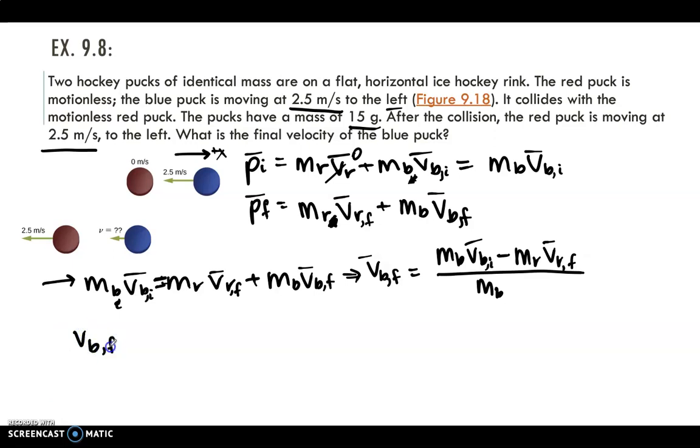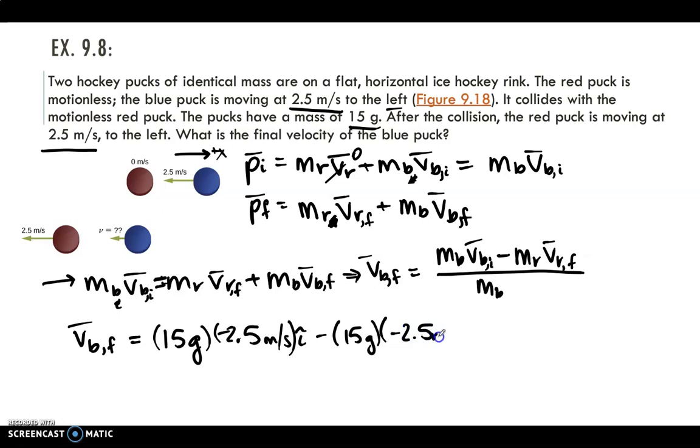So we have VB, comma F, equal to our blue mass, which is 15, and I'm going to just leave it in grams, okay, times the velocity, and the initial velocity is 2.5 meters per second, and that is in the negative I hat direction, okay, minus M sub R, which is again 15 grams, okay, times V sub R, the final V sub R, which is negative 2.5 meters per second, and that is in the I hat direction, divided by our mass, 15 grams.